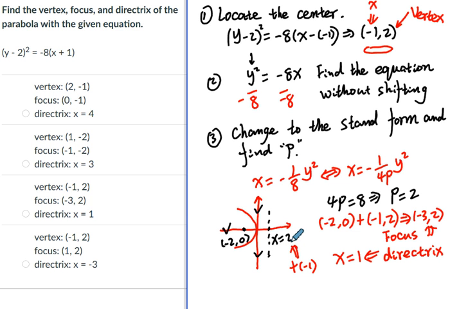Then this is the graph without shifting. The graph actually is shifted. The center goes from origin 0, 0 to this place. Previously it was negative 2, 0 as the focal point, and you add the center onto the focal point.